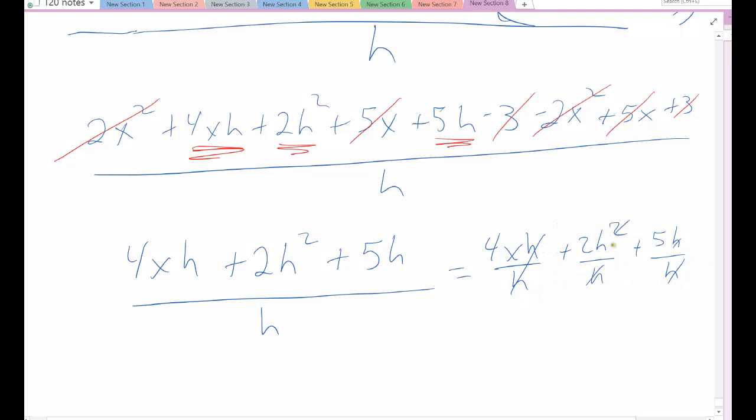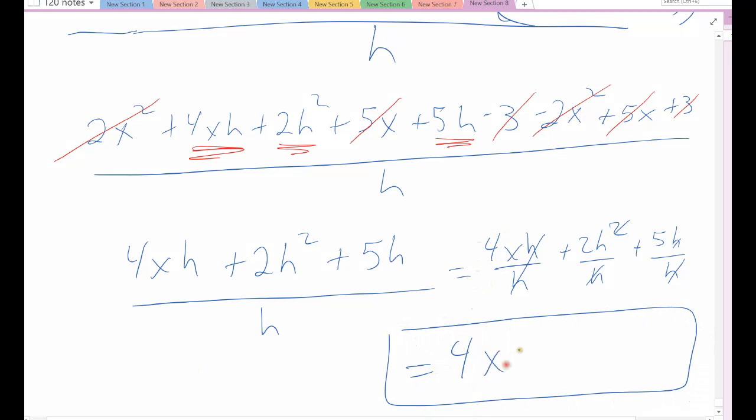I can reduce one of those h's with one of those, so I still have one left over, and that h reduces with that one. So the difference quotient simplifies to 4x plus 2h plus 5, and then you're done. And again, typically with quadratics, that's what happens. You get left with an x term, an h term, and a constant term, a lot of times. And so that's the difference quotient with a quadratic.